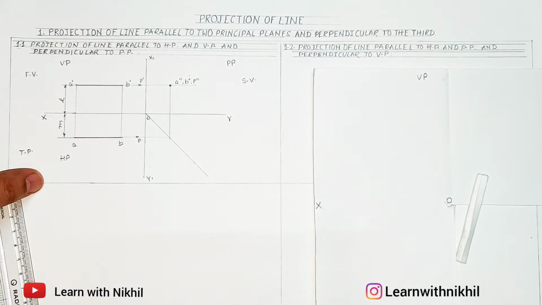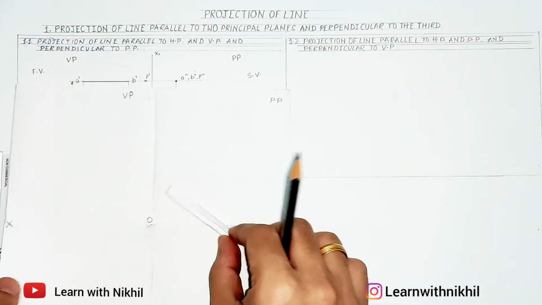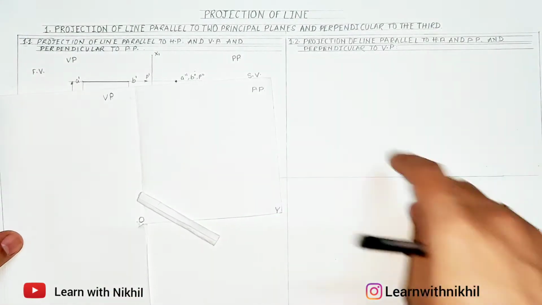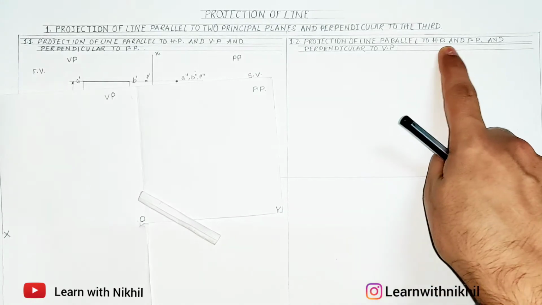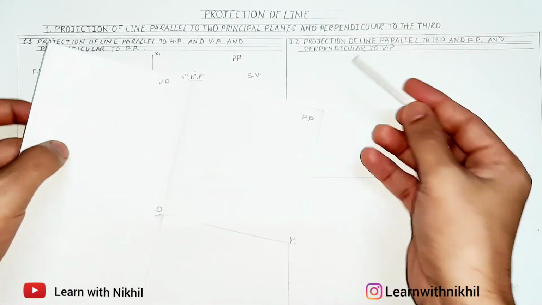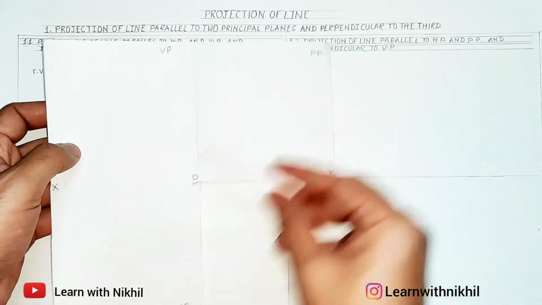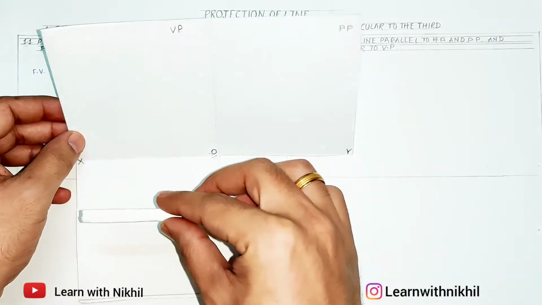Now with this, we are done with the first point, that is projection of line parallel to HP and VP and perpendicular to PP. Now next, 1.2, we'll study projection of line parallel to HP and PP and perpendicular to VP. So now we have a line which is parallel to the horizontal plane, that is this.